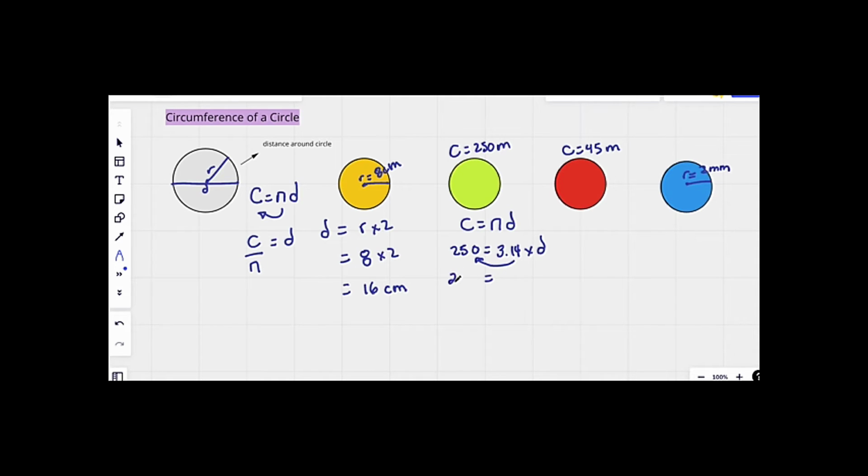So we leave our circumference value and we divide it by pi, and that's what's going to give us our diameter. So 250 divided by 3.14, we get 79.61. And we said it was meters, so that would be meters.